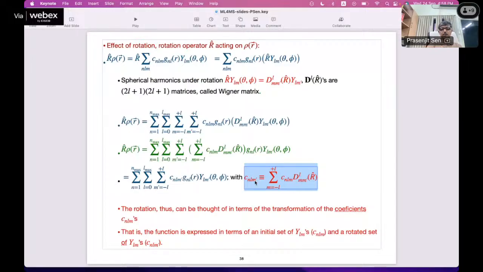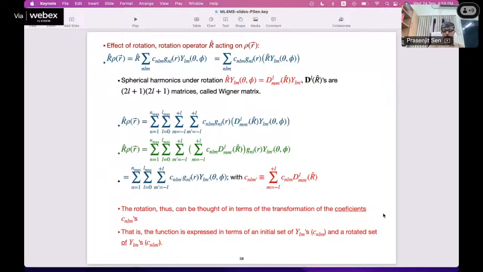So it's like transforming the column vector C under rotation. Just as I can view the rotation as having an effect on my Y_lm's, equivalently, I can view this as having an equivalent effect on my expansion coefficients C's. So if I change my expansion coefficients precisely in this manner, I have captured the effect of rotation on this density field.